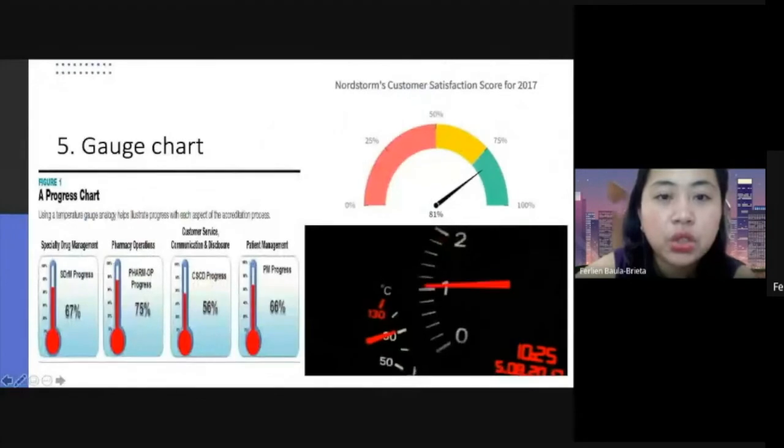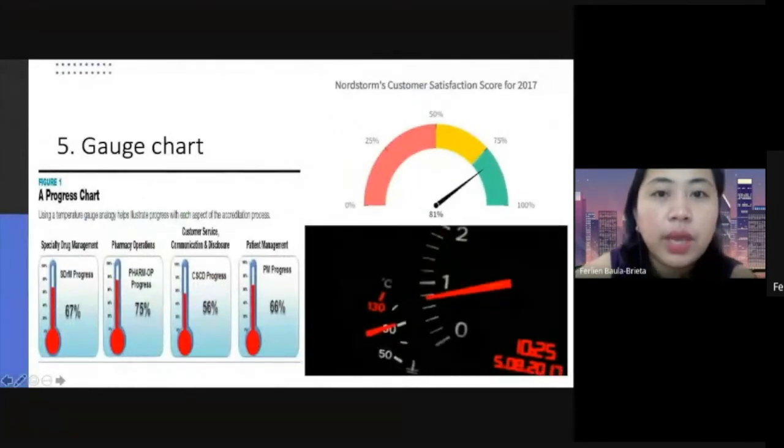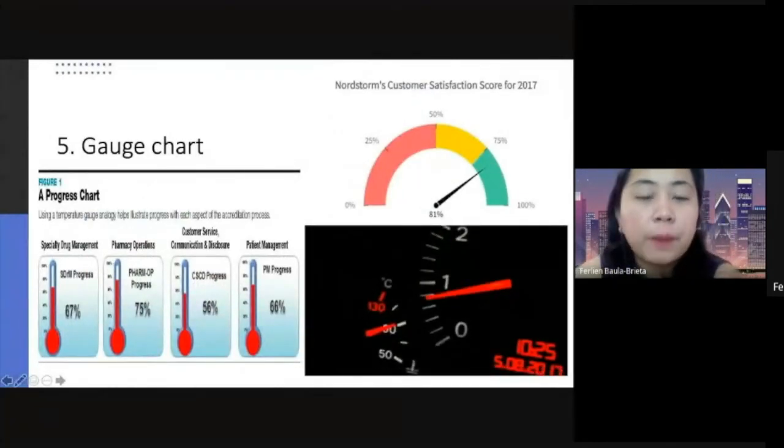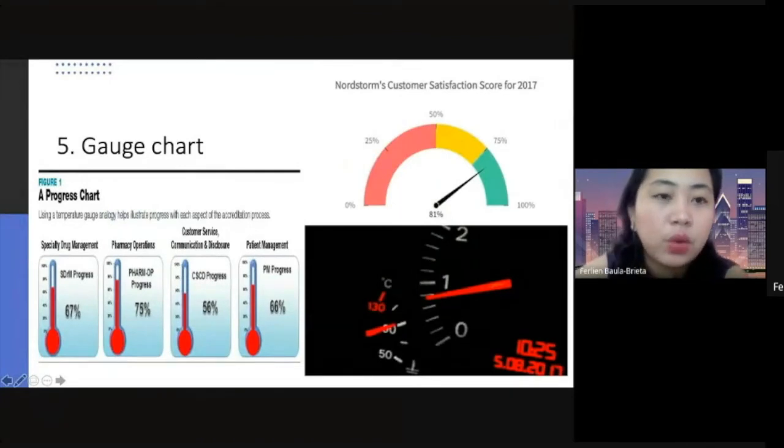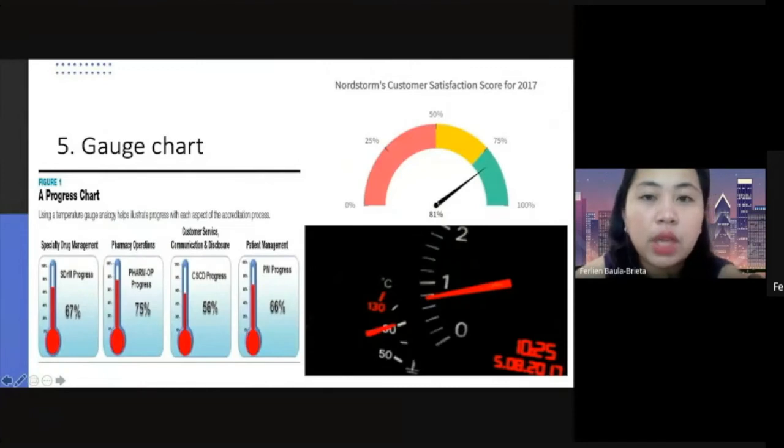So we have here the gauge chart. The gauge chart shows different visuals for our values, so it depends on what type of data you want to represent. It can be needles, like in a syringe, or it can be a thermometer, or it can be a gauge like in our fuel or in vehicles with a dial.